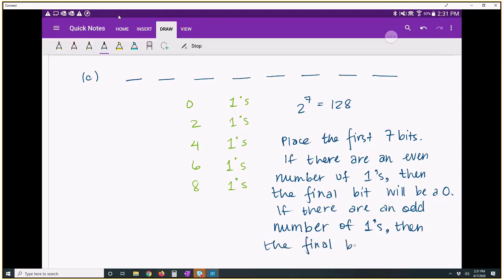And in doing this, I found all of the possibilities. So again, just by thinking about the problem, I was able to find that there are 128 different bit patterns that have an even number of ones without actually having to count them all, which would have taken quite a while.